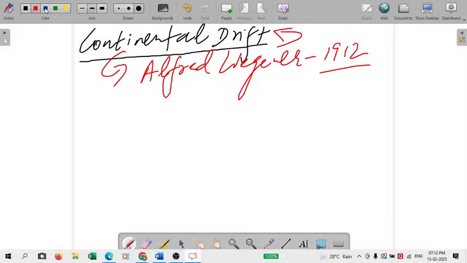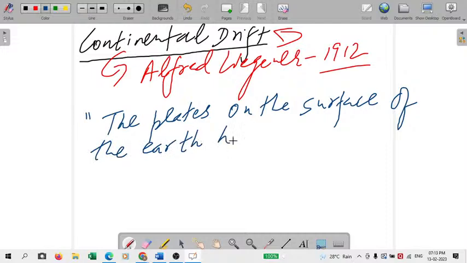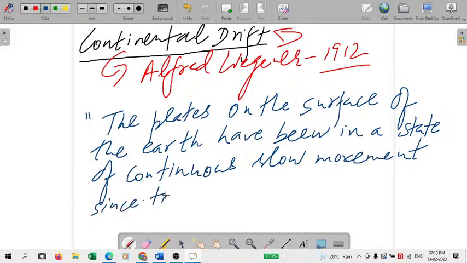So, in continental drift, Wegener clearly stated in the hypothesis that the plates on the surface of the earth have been in a state of continuous slow movement since time immemorial.